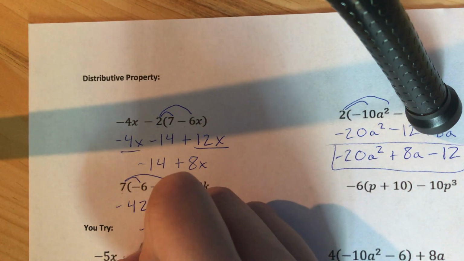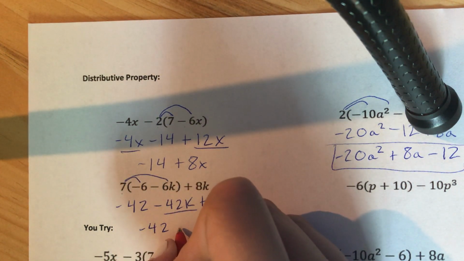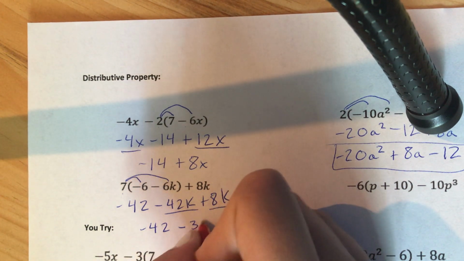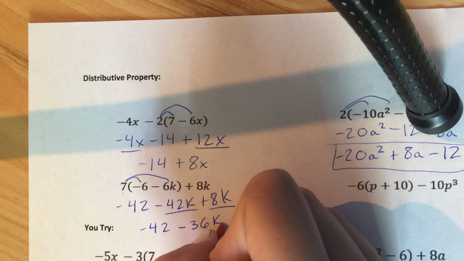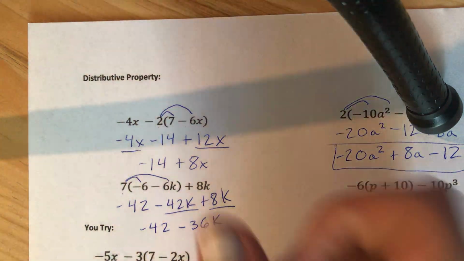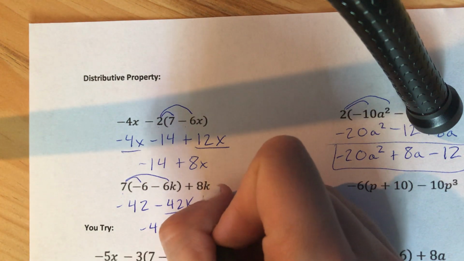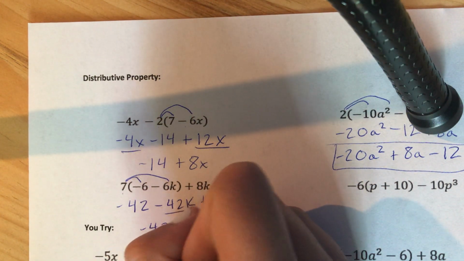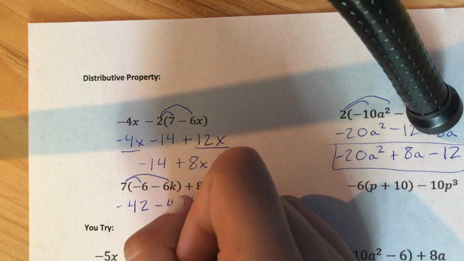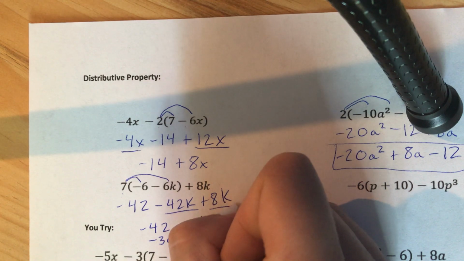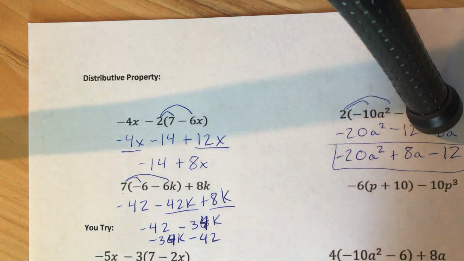And so we have negative 42 minus, I think 36k. No, it might be 34k. I think it is 34k. Sorry, I subtracted wrong. 34k. All right, and then again, this is not in standard form, so I'm just going to switch these two so that the variable comes first and then the constant.